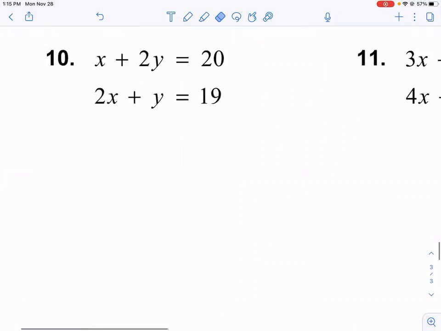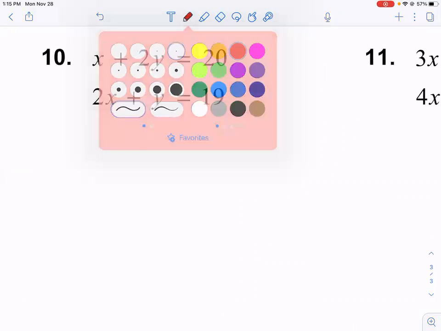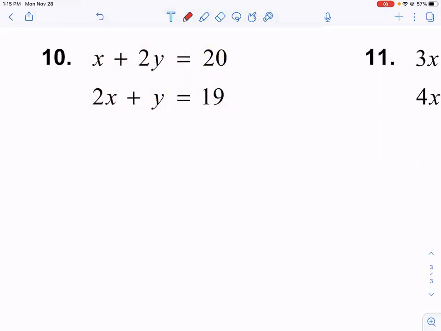And we're going to look at number 10. We're not going to skip it.